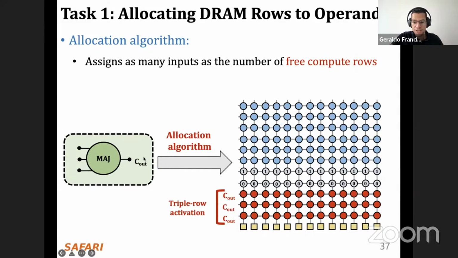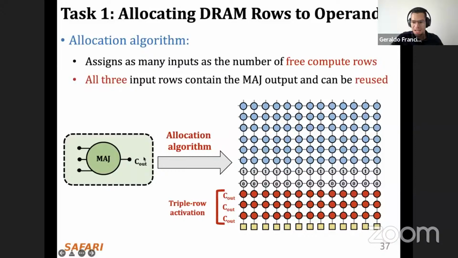Our allocation algorithm takes advantage of this destructive behavior and reuses these rows for row-to-operand allocation in the next round of triple row activations, in the case that the value stored in these rows is an input for the next majority function.